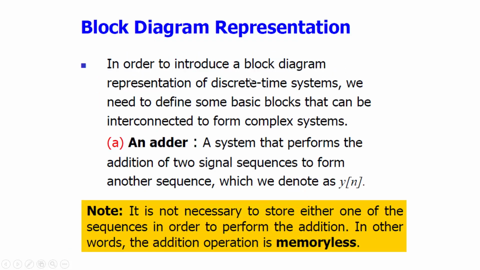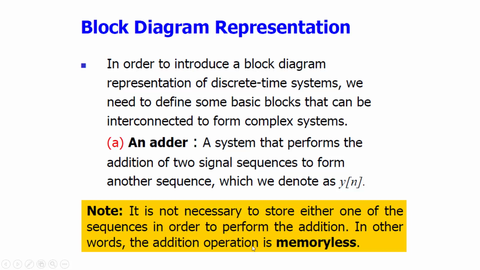Now, how can systems be represented using a block diagram? The various components used to represent the system are as follows. We will take the first component, which is an adder, a system that performs the addition of two signal sequences to form another sequence, which we denote as y[n].